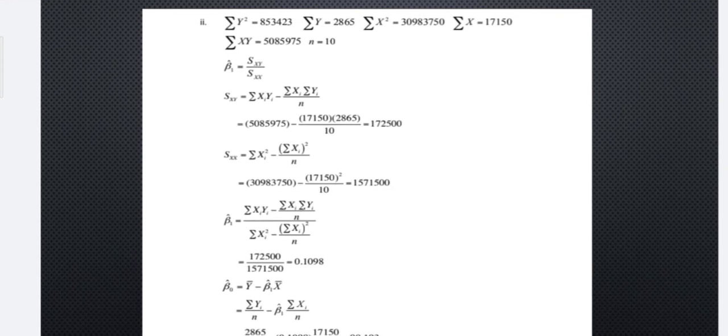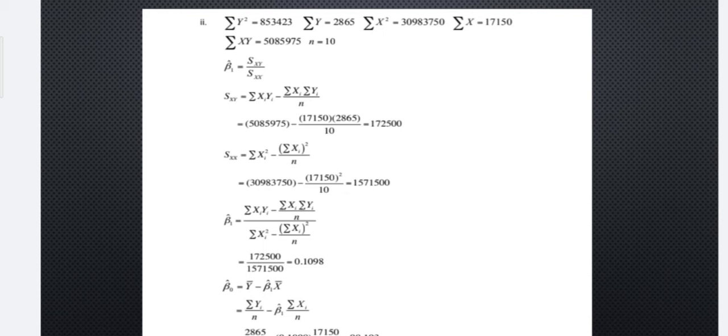So nanti you cuba try dapatkan summation of y square, summation of y, summation of x square, summation of x, and summation of xy, also n. Okay, you need to have all this value first untuk you apply the formula of beta 1 and beta 0.